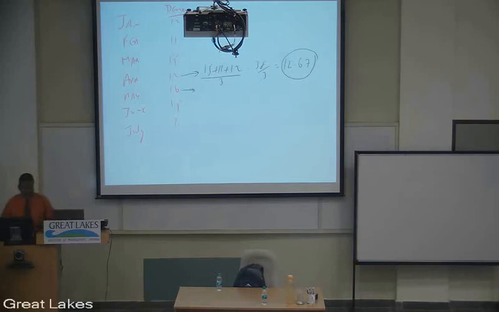Again, at any point you have any questions, stop me. May: the previous 3 months would be the month of April, the month of March, and the month of February, all over 3. It's again 12.67. Let's go to June. The previous 3 months would be the month of May, the month of April, and the month of March, all over 3, which should be 43 over 3, which is nothing but 14.33.